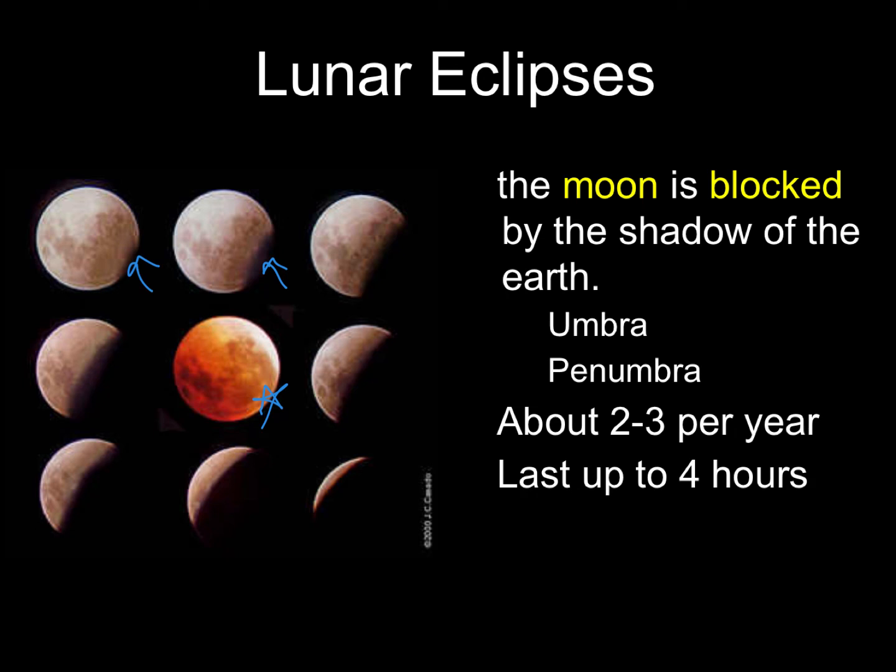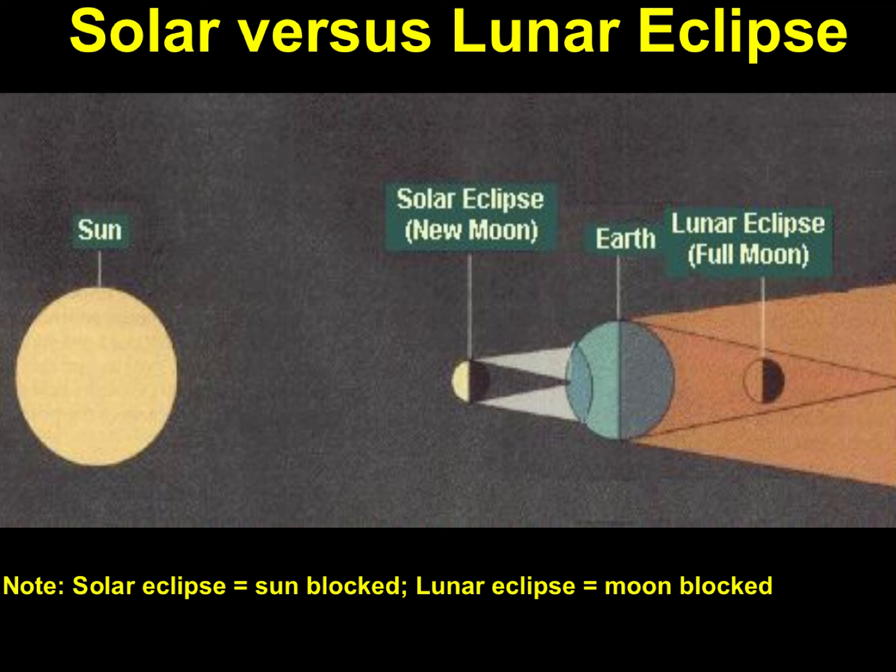Even though the moon is in Earth's shadow, the moon still gets a little bit of light that is bent through the Earth's atmosphere and onto the moon, which causes the reddish color. These lunar eclipses are more common than solar eclipses, since the Earth casts a much bigger shadow into space than the moon does. Here's a diagram just illustrating the differences between the two types.